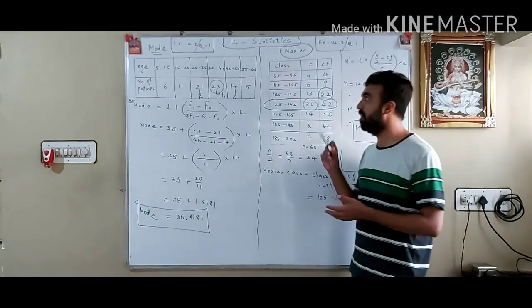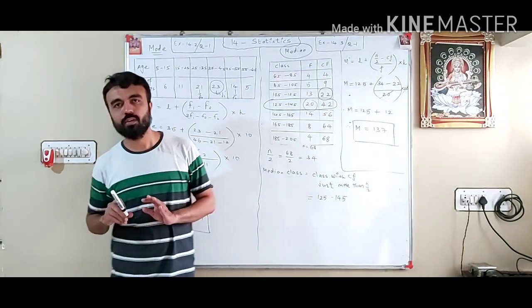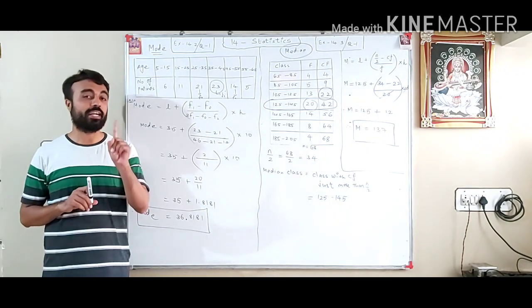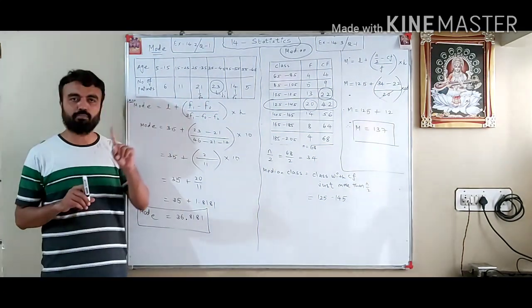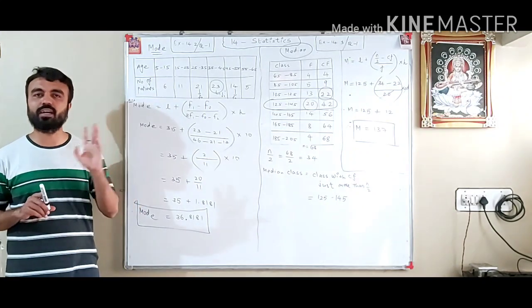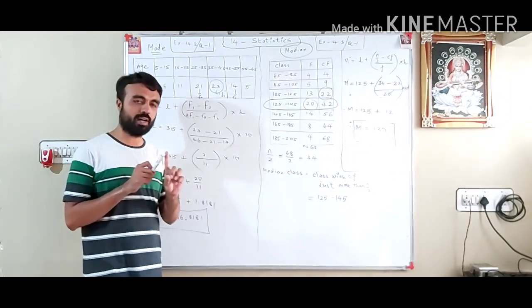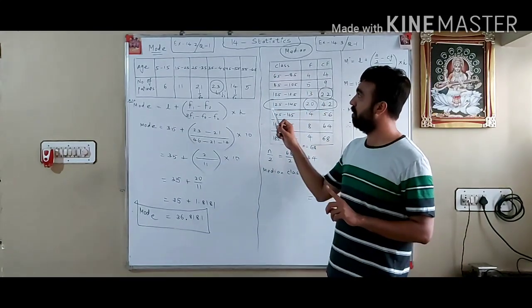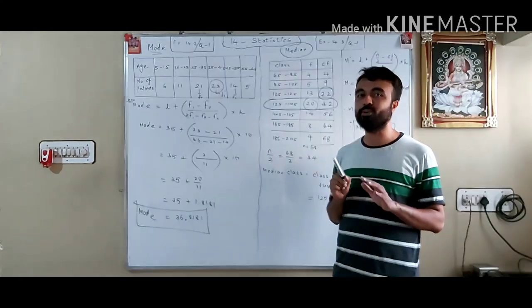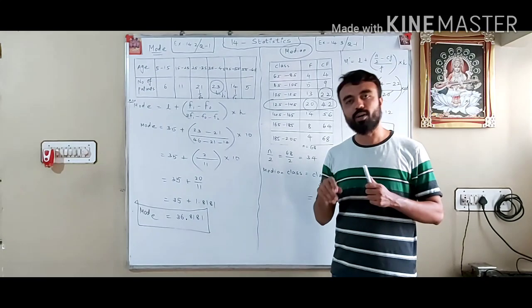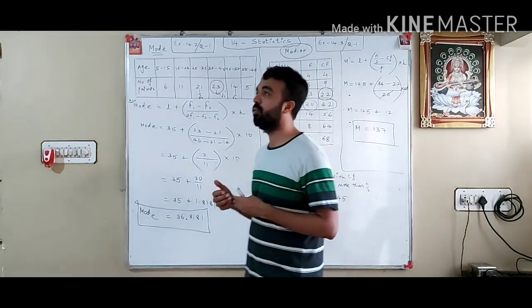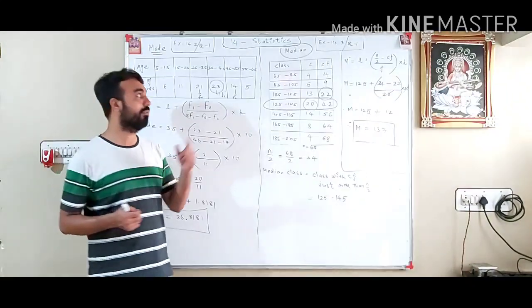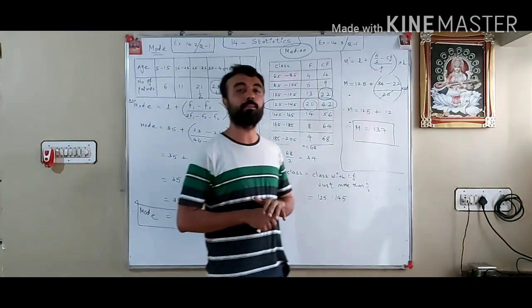Okay? So this was about median. We have done one sum of mean, one sum of mode, one sum of median. By doing one sum of mode, you can do the full exercise. But by doing one sum of median, you cannot do the full exercise. So in the next video lecture, we will still continue with this topic, median.